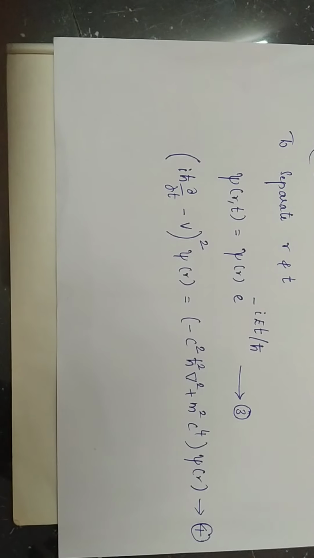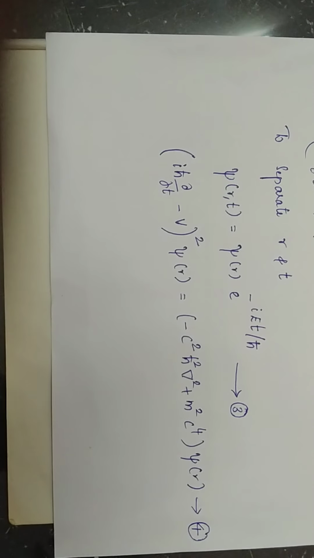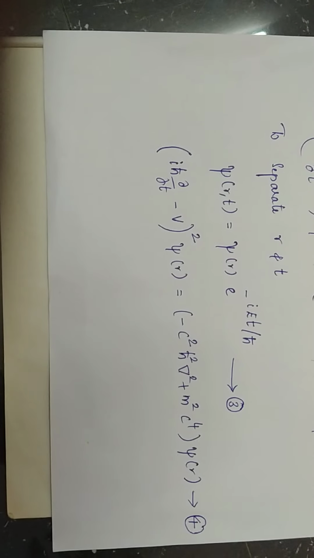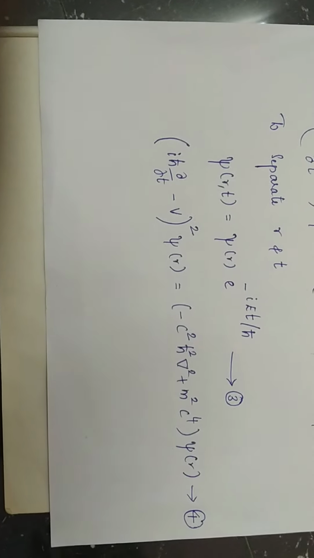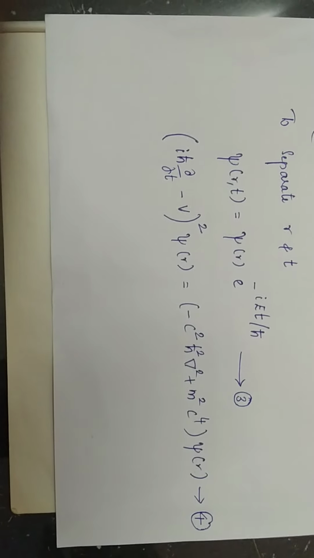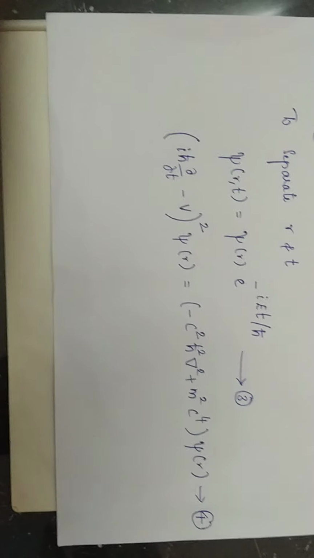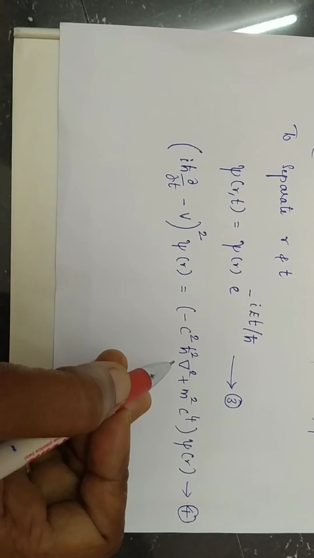Now equation 4 can be separated as r, theta and phi, that is spherical polar coordinates. Okay, for equation 4 we are going to use the spherical polar coordinate system, as it is a charged particle. It is a 3-dimensional one; the del in terms of x, y, z will not be useful here.